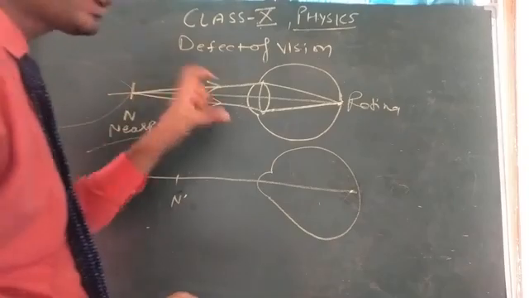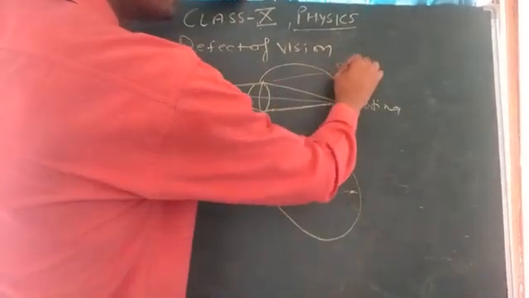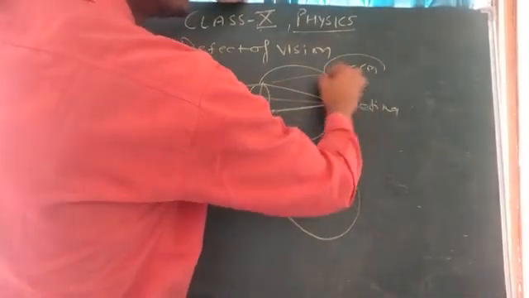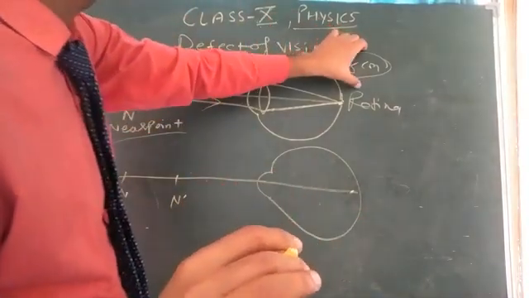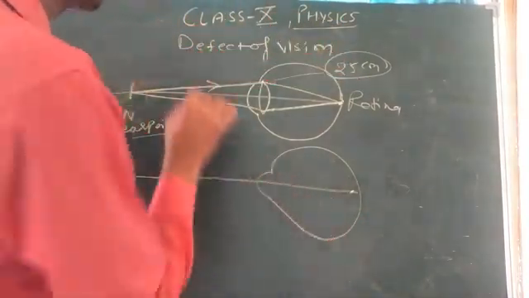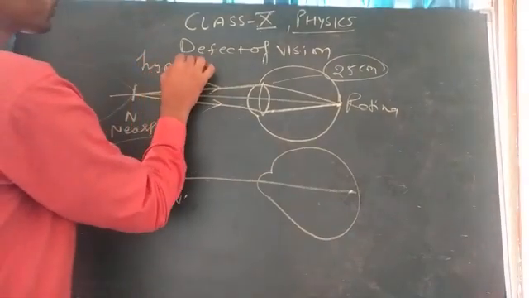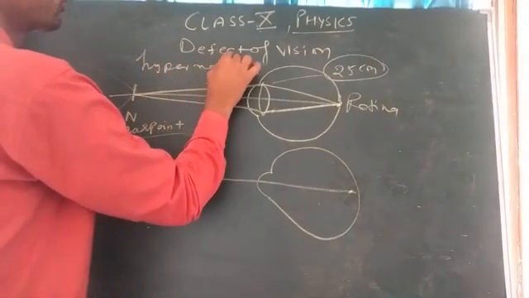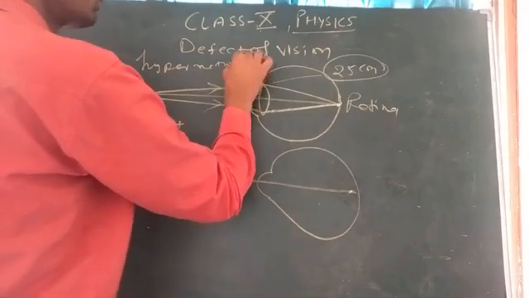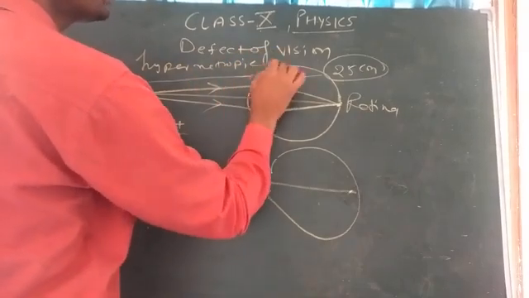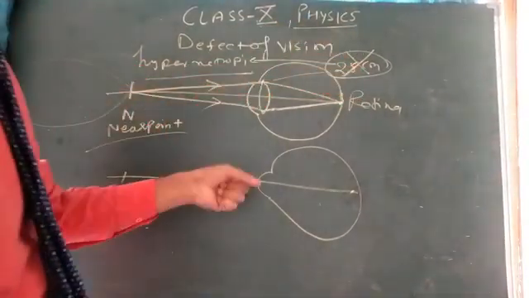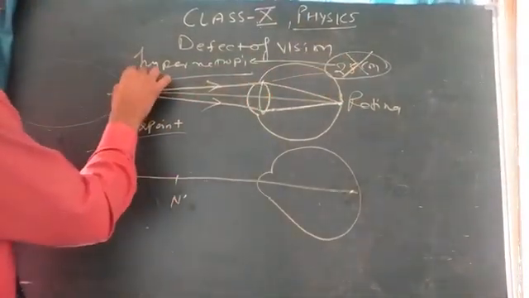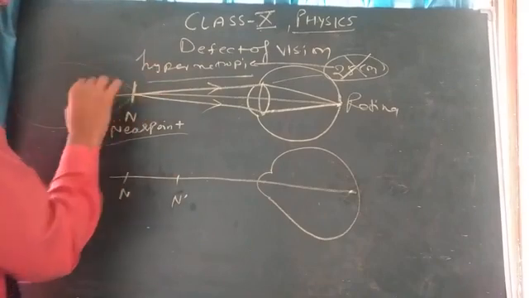For a hypermetropic eye, the near point is not 25 centimeters, because as you know, for a normal eye the near point is 25 centimeters. But for a hypermetropic eye, this is not 25 centimeters. It is shifted to another point.